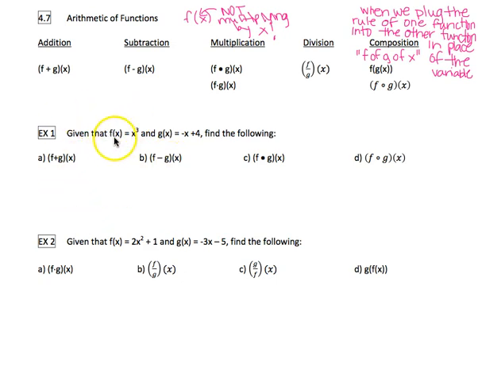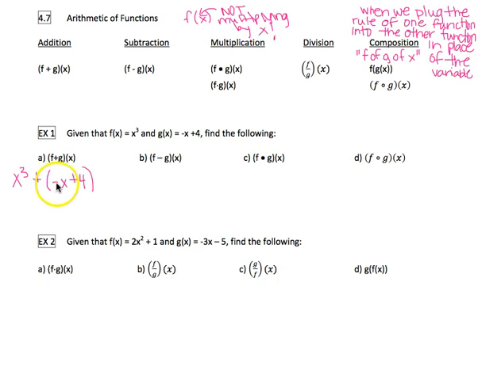So here in example 1, our first function is x cubed, and our second function is negative x plus 4, and it's asking us to perform these operations, this arithmetic, on these functions. So f plus g of x just means that we're going to take f of x and add it to g of x. So f of x plus g of x. Now when we add, things get to keep their signs.